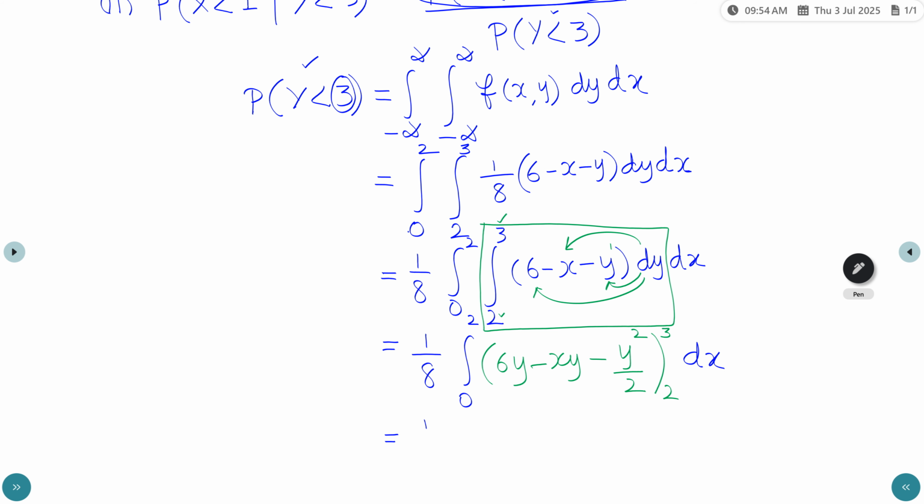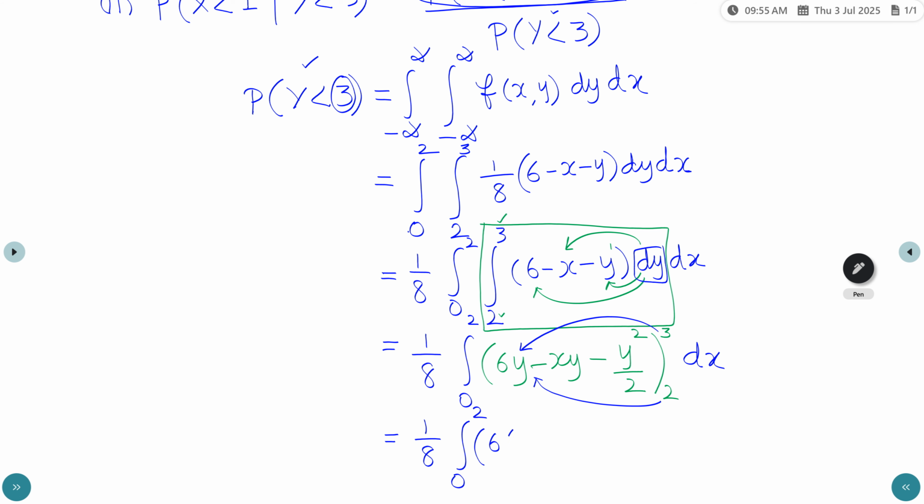Next step, 1 by 8, 0 to 2. So we need to substitute here, integration with respect to y. So in the place of y we need to substitute the upper and lower limit values.